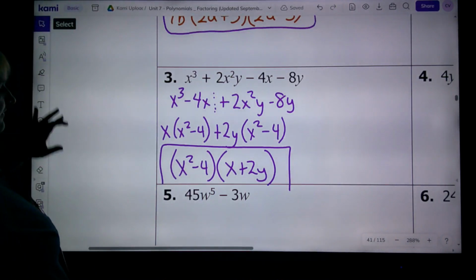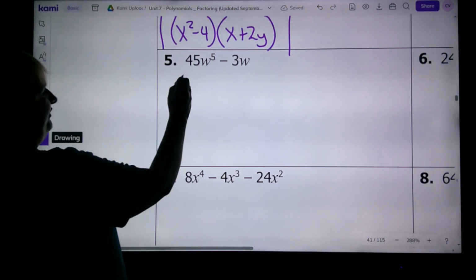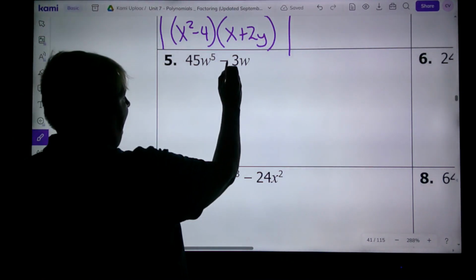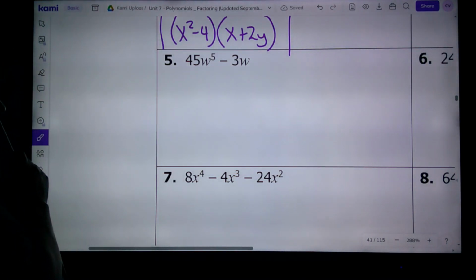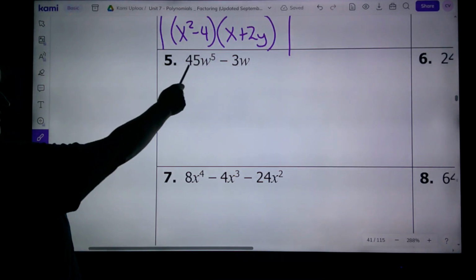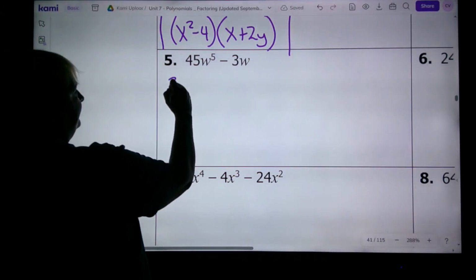Alright, what do we have? 45w^5 minus 3w. Okay, what can we take out? Both can be divided by 3. Both can be divided by w. Factor out a 3w.